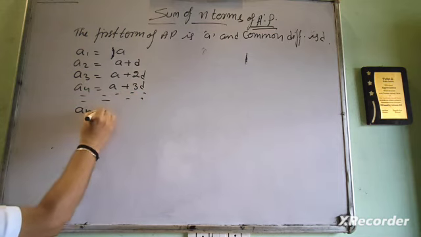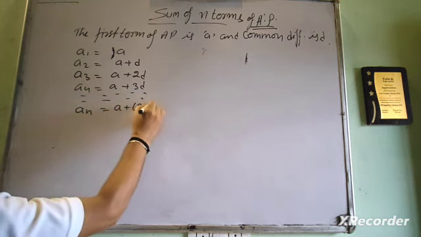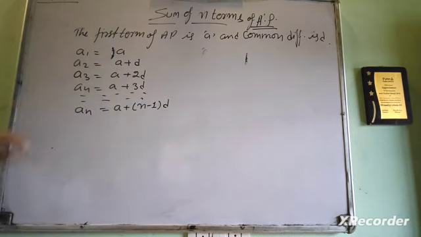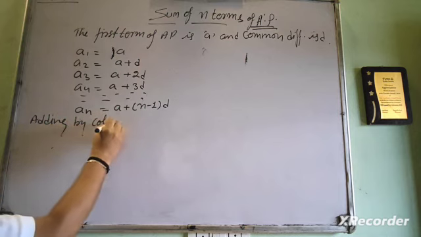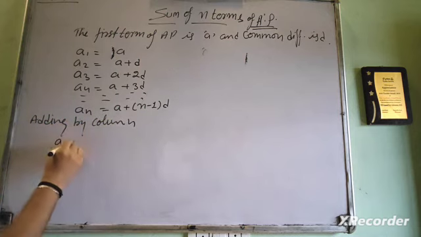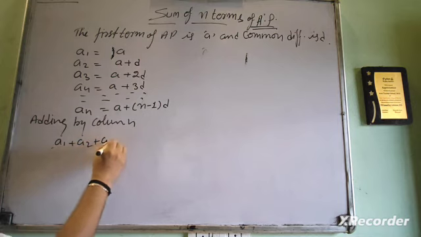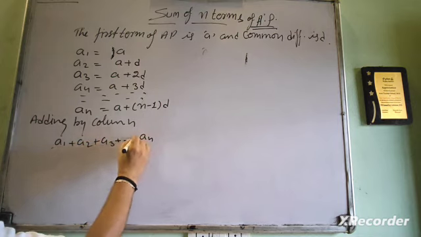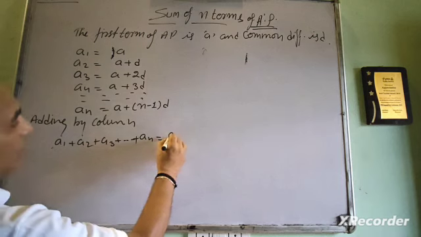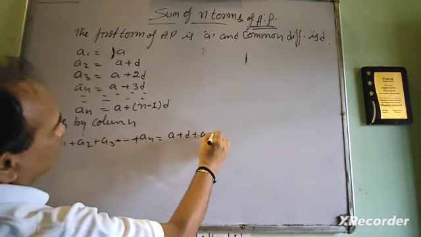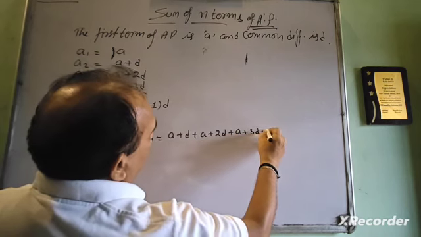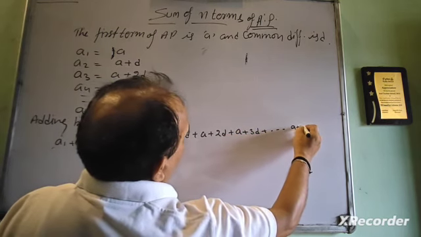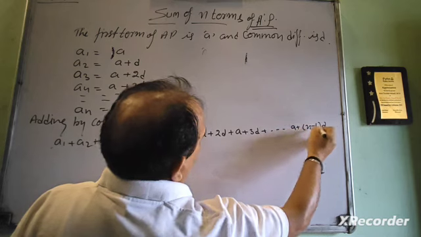Then an is equal to a plus (n minus 1)d. Now adding these by column, we have a1 plus a2 plus a3 plus so on, an, is equal to a, plus a plus d, plus a plus 2d, plus a plus 3d, plus so on, plus a plus (n minus 1) into d.